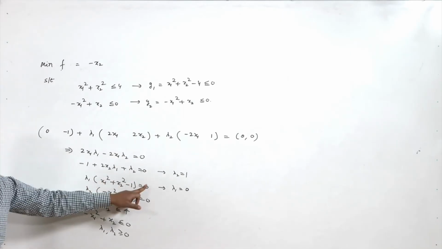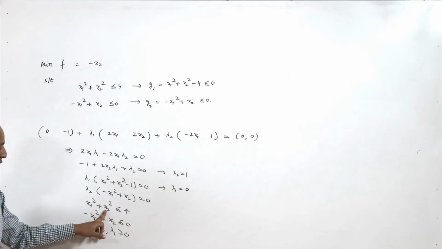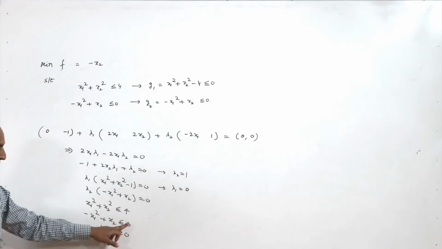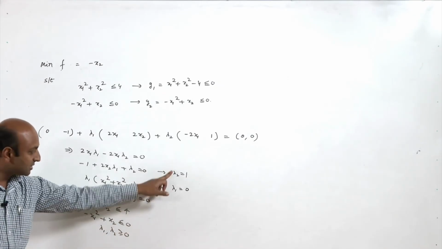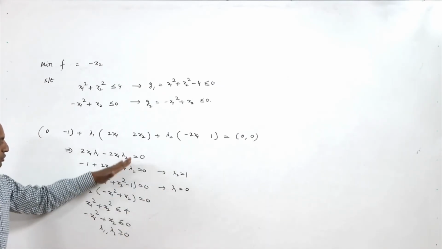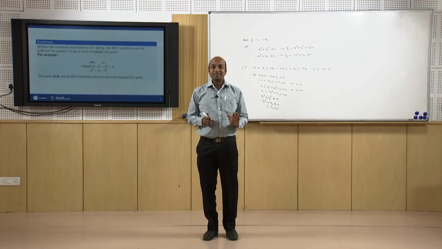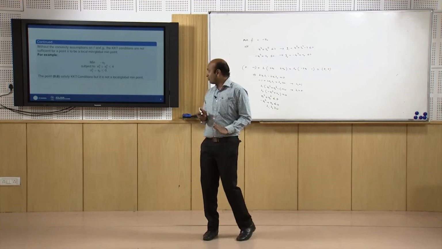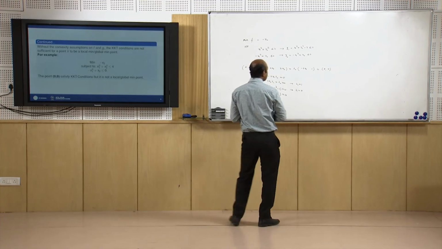So, 0, 0 satisfies this condition, it satisfies 0, 0 less than or equal to 4, and 0, 0 less than or equal to 0, and the multipliers are non-negative. So, 0 comma 0 satisfies all the KKT conditions, but still 0 comma 0 is not a point of local or global minimum. Why? This we can see graphically.